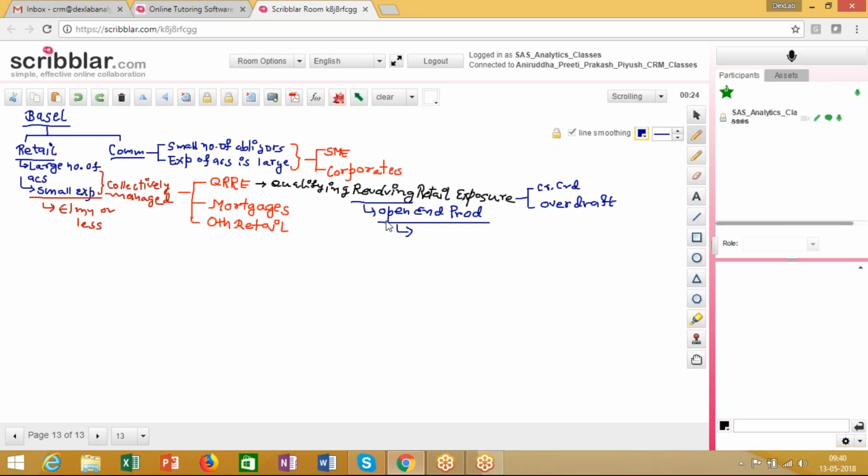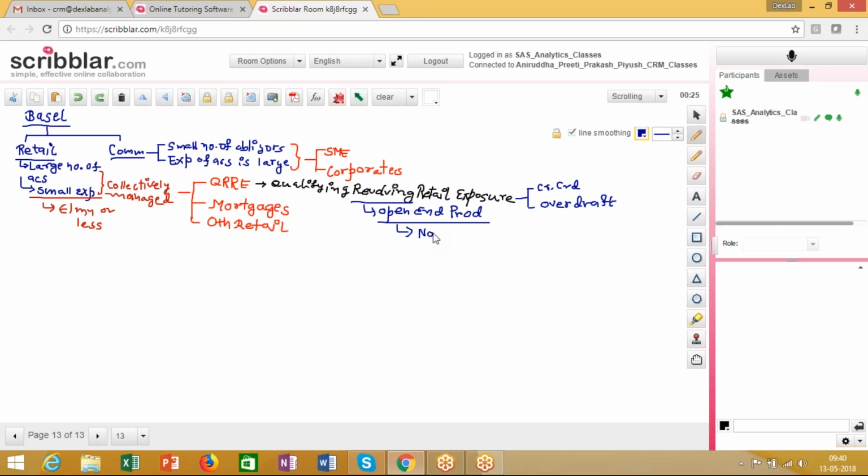So, for example, when you own a credit card, what you are doing is you are just paying back the credit in time and you are again reusing that balance. You are paying back your dues, releasing that limit, and working on with that. Therefore, there is no fixed maturity.